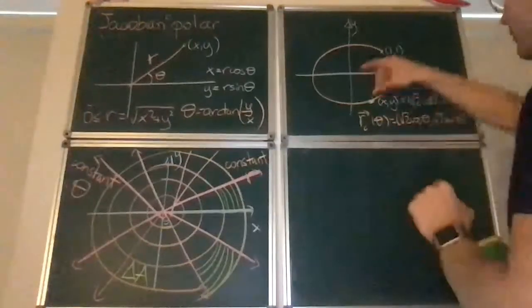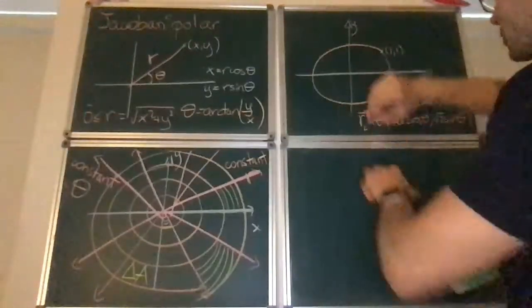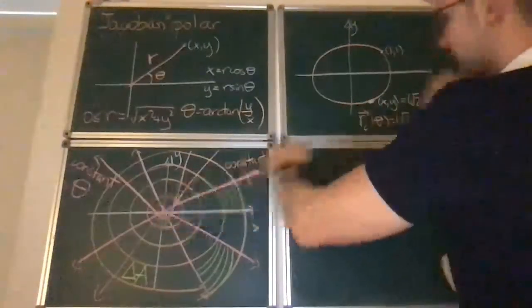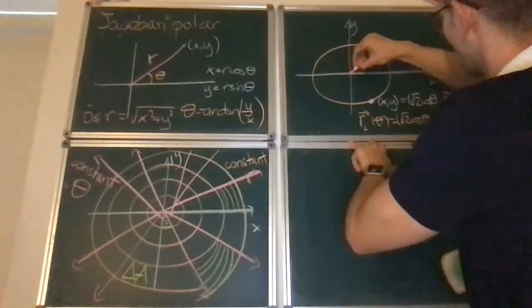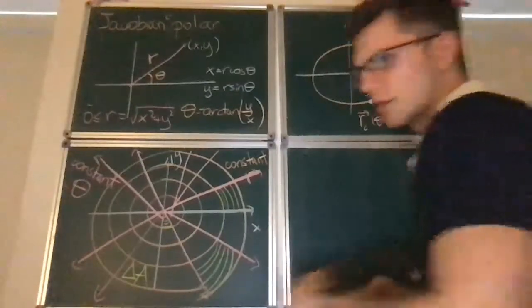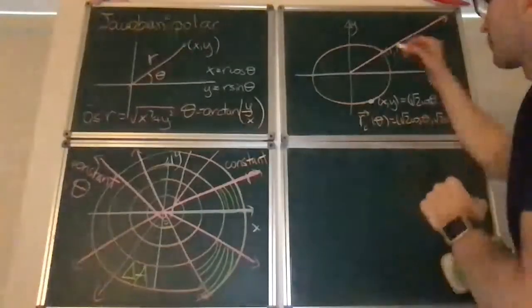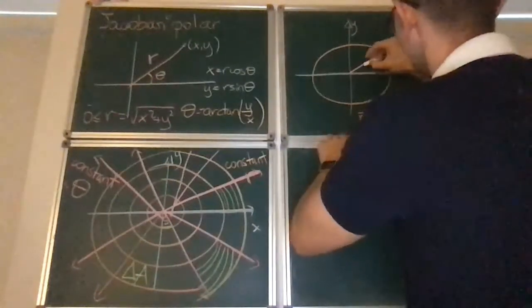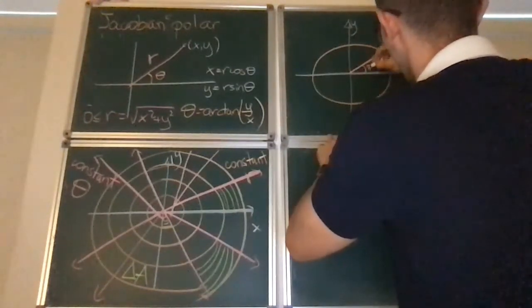On the other hand, we could also look at the curve with constant theta that passes through this point. Again, remember that those curves are just rays. So you will get this ray. The reason why I chose 1, 1 is that it's easy to see that the angle has to be pi over 4.